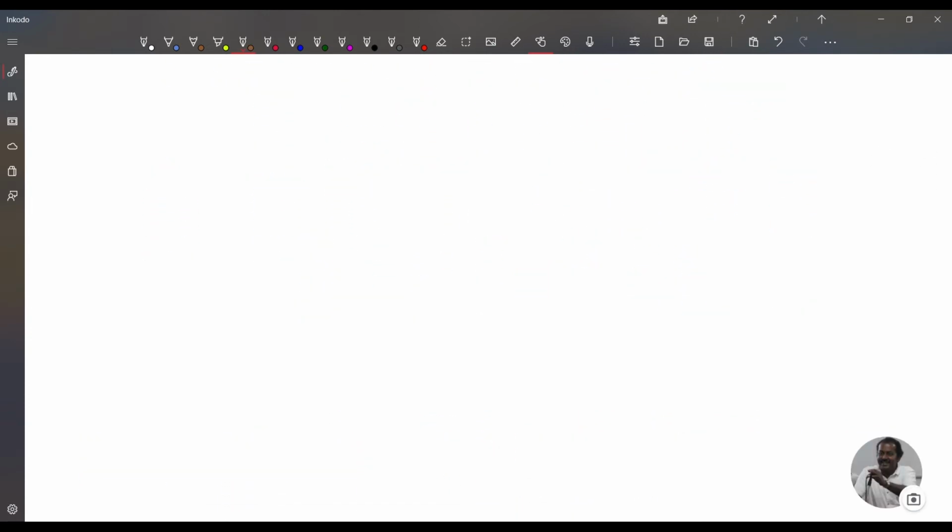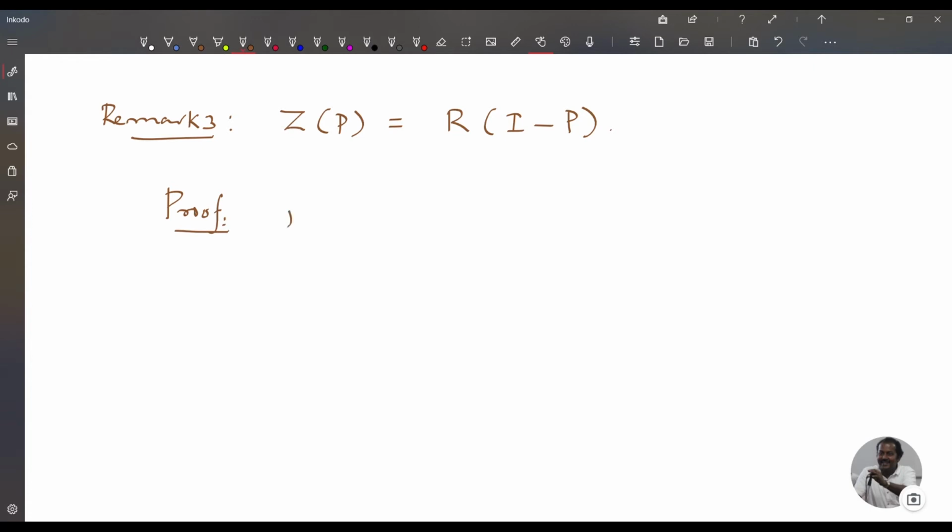Now remark 3: the 0 space of P is the range space of I minus P. Proof. We have I minus P is a projection.